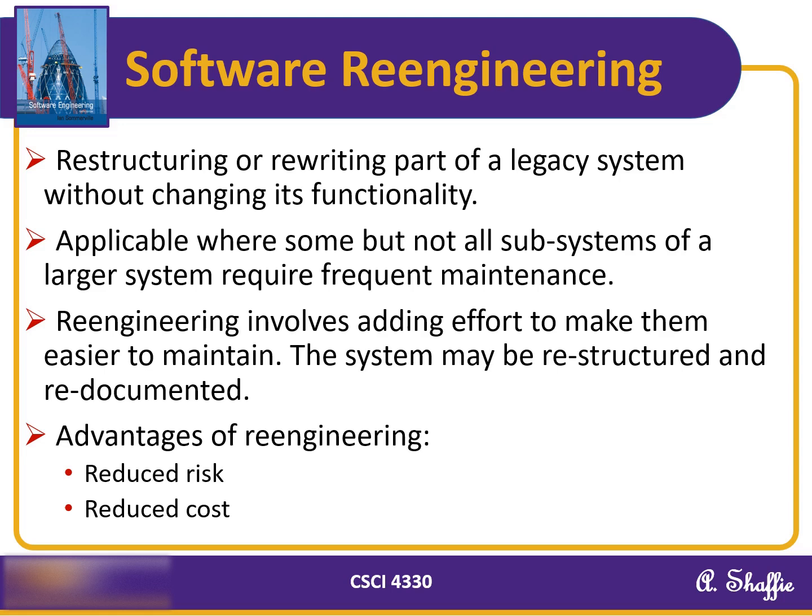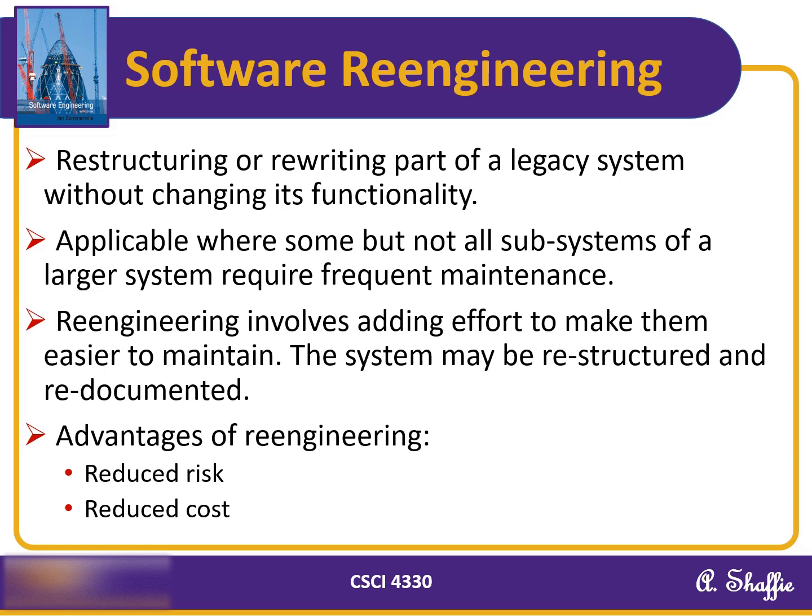Imagine a library system built 20 years ago. It still tracks borrowed books, but lacks modern features like online reservation or mobile access. Instead of replacing it, re-engineering can update the interface to make it easier to use, modify the database to support online reservations, and clean and document the code to simplify maintenance.